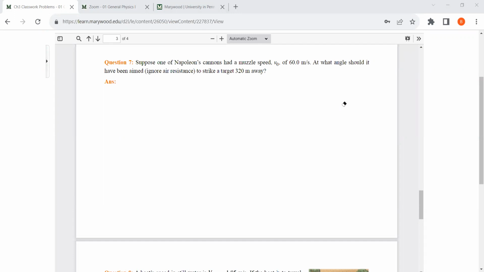So the initial speed is given. At what angle should it have been aimed to strike a target 320 meters away?